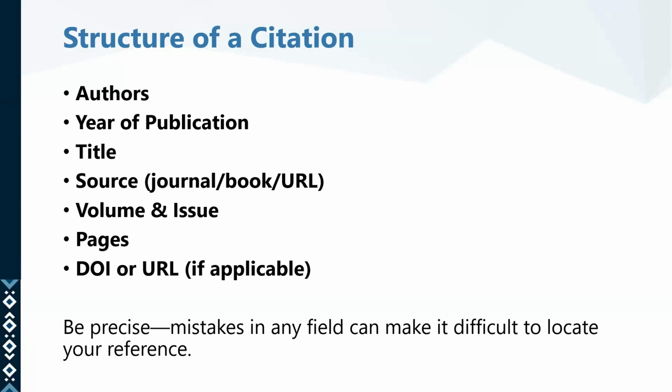And when applicable, you should also provide the link and the DOI. We should know that this information should be as accurate as possible, because any mistake in any field here can make it difficult for your readers to locate your reference.